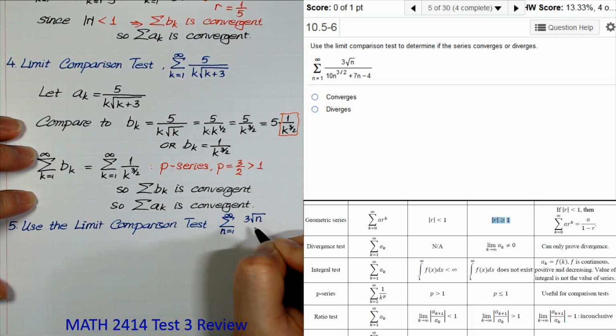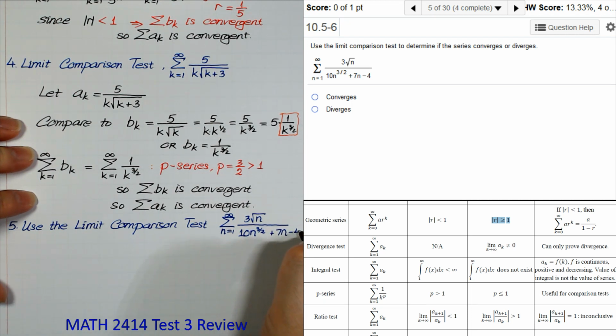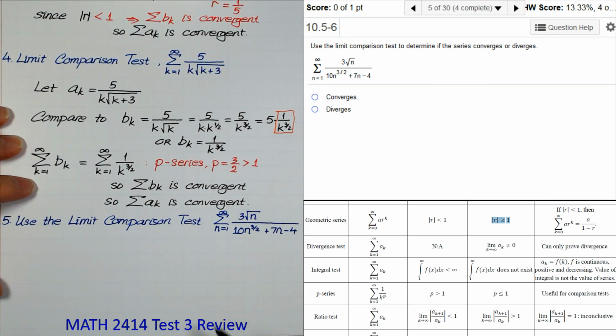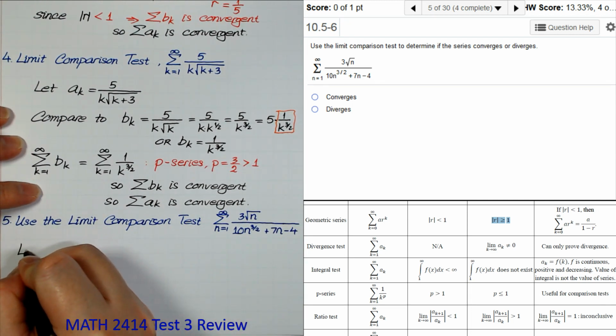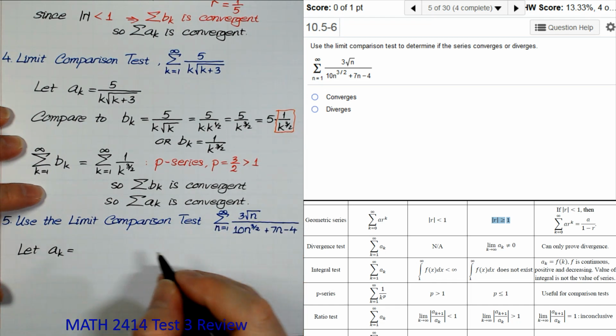Square root of n. By the way, if you see this kind of problem on a test, just saying converge or diverge is fine, but if you see this kind of problem on the final, I guarantee that you have to show work for this kind of problem. You cannot just say converge or diverge. Right, but first let a of k be that term.